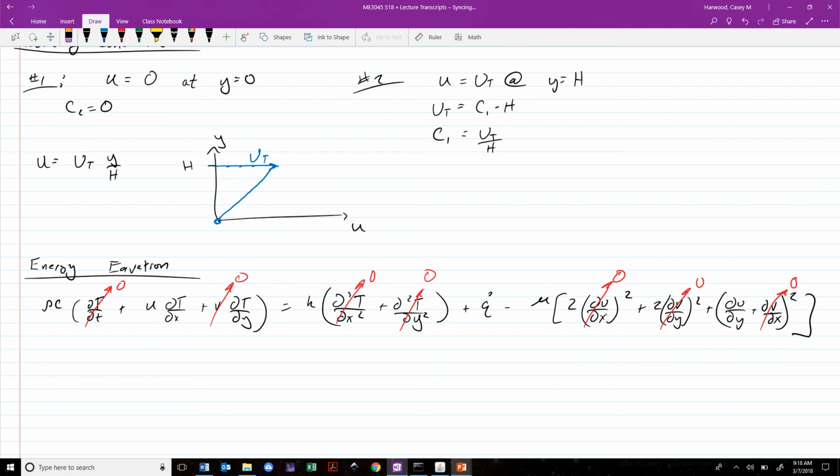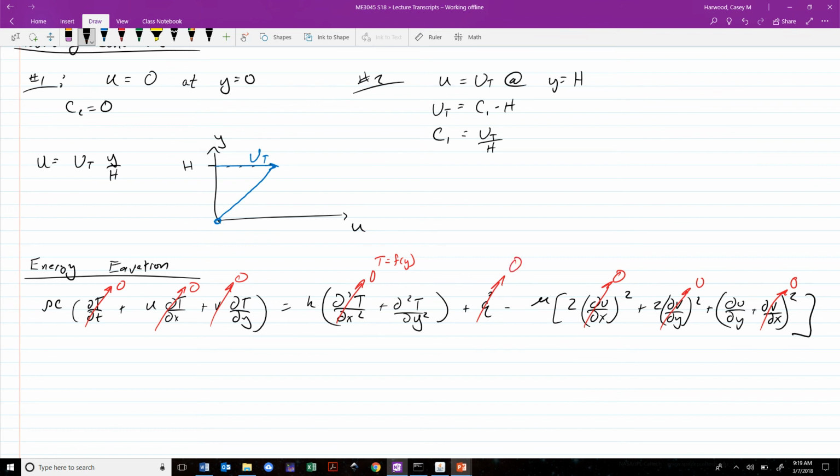That was my mistake. Let me erase. There we go. So here, because T is equal to f of y only, and we didn't actually say it, but we'll go ahead and add this assumption in now that we're not talking about any heat generation. There's no thermonuclear reaction going on in this Couette flow.